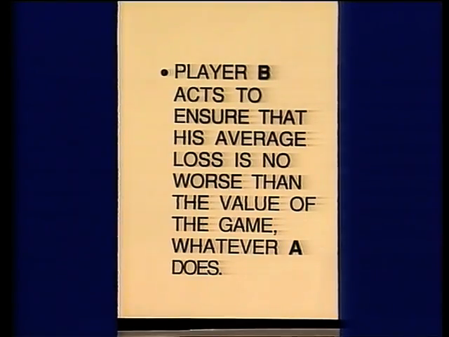There is an important and a subtle difference. And similarly, we can discuss the situation for player B. We can say that player B acts in such a way that his average loss over a long series of games is no worse than the value of the game, whatever the other player chooses to do. And it's a kind of safety-first approach.